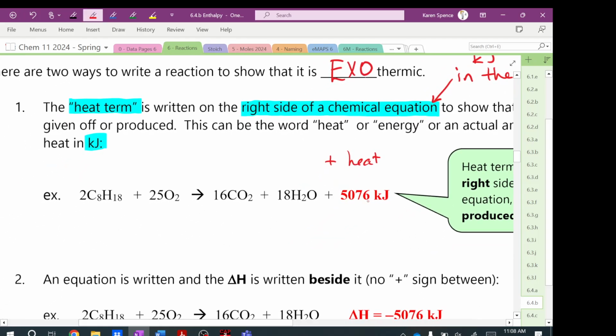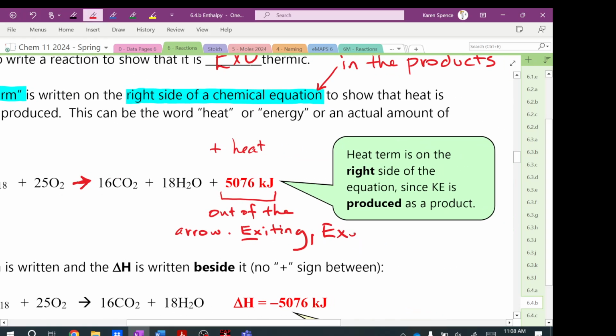You'll notice, is this term coming into the arrow or out of the arrow? Here's my arrow. It's coming out of the arrow. In other words, it is exiting, which tells you that this reaction is exothermic. So these are ideas that you're going to be putting together.